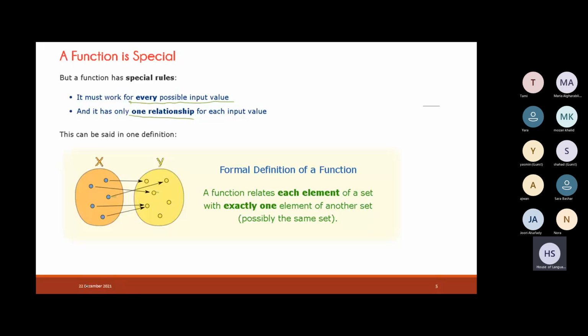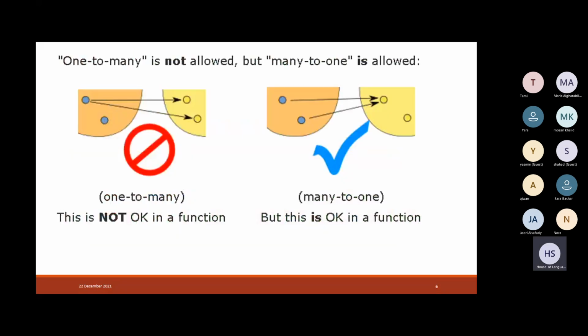Like the equation: if you put X, you find only one Y. Here, there is something we talk about: one to many or many to one. If one to many, this is not a function. But if it's many to one, this is a function.